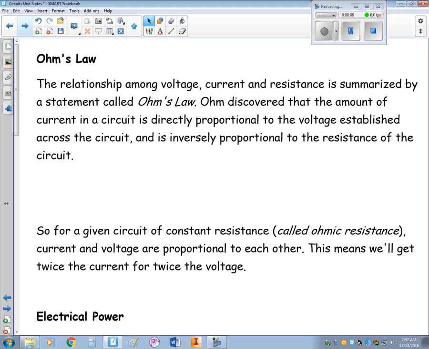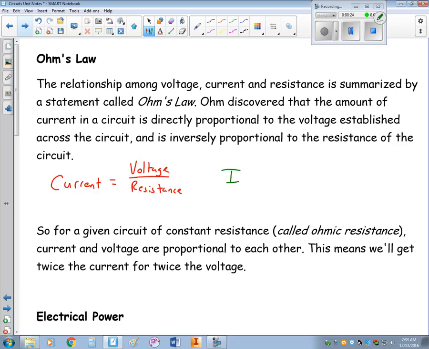So what that means is that current is voltage over resistance, or I equals V over R. And that's Ohm's Law.